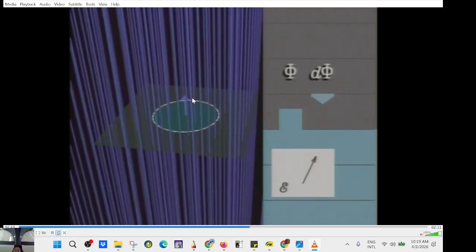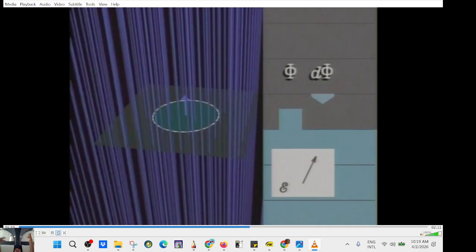So you see, you have your conductor, you attach this invisible membrane, and as long as the number of field lines poking through is changing, you're going to induce an EMF, you're going to induce a current. The number of field lines poking through is called the magnetic flux, okay, which depends on the strength of the magnetic field, it depends on the area, and it depends on the orientation, right?